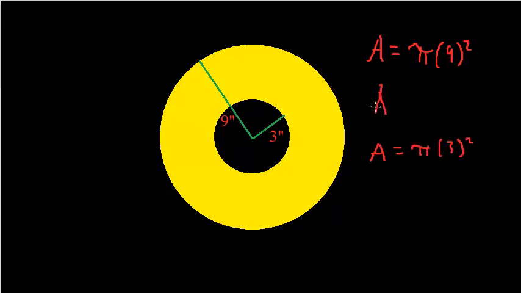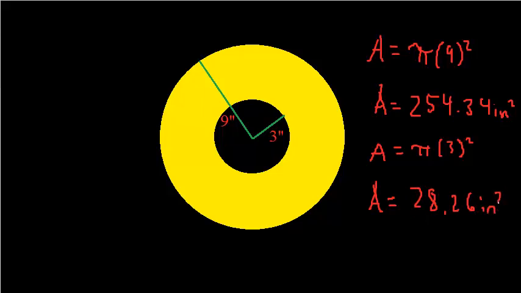9 squared is 81 times pi, again assuming pi to be 3.14. We get area as 254.34, and our units are inches squared. The area of the inside part, we have again 3.14 times 9, so we have 28.26 inches squared.